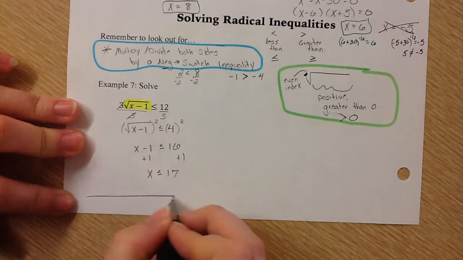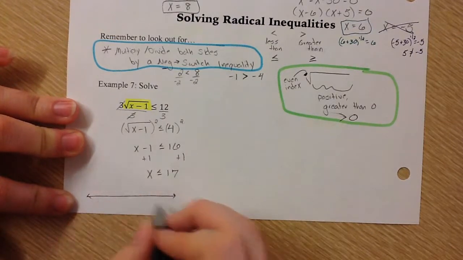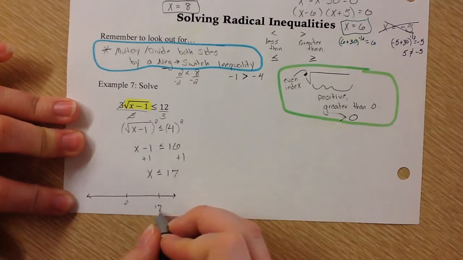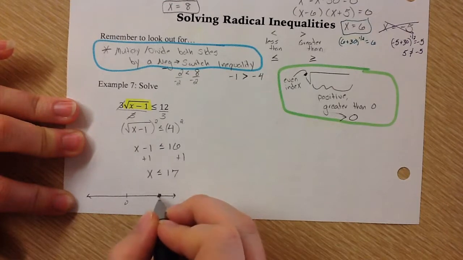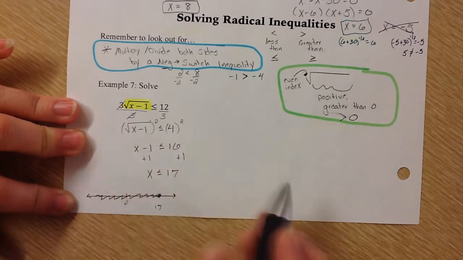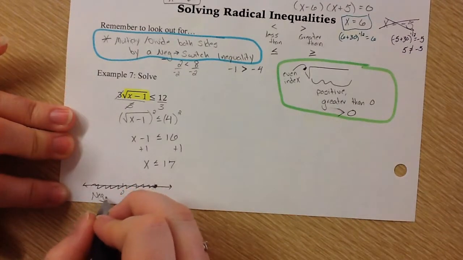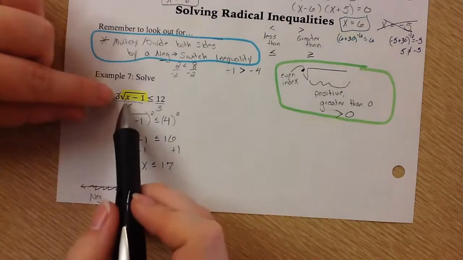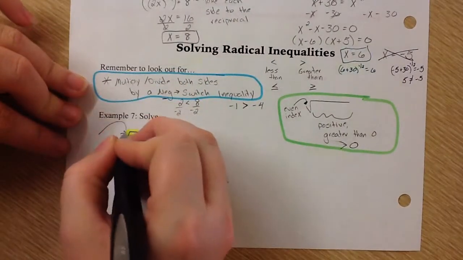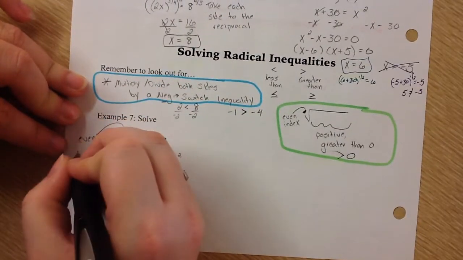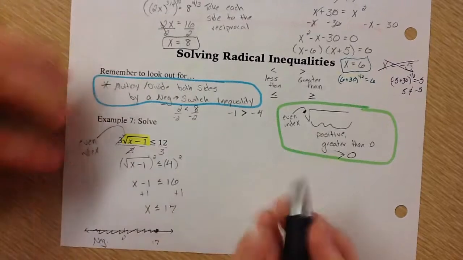But if we notice this, okay, x has to be less than 17. Here's 0. Here's 17. So that means we could equal 17, but we have to be less than 17. What happens is we get to numbers less than 17, we get into some negatives down here, right? But this is an even index.